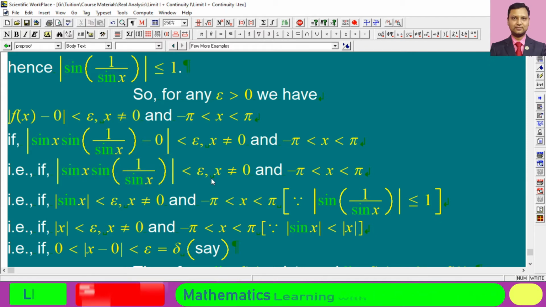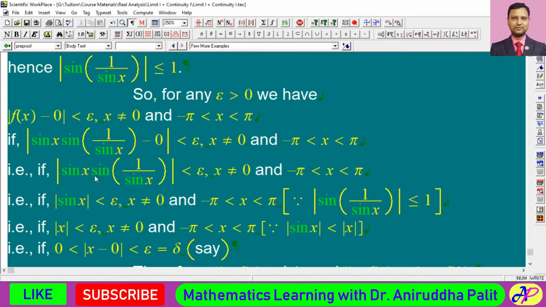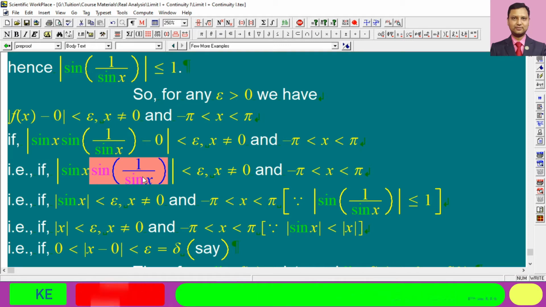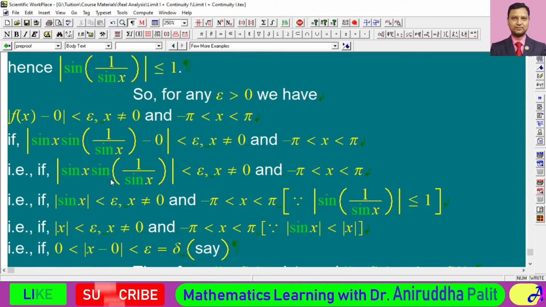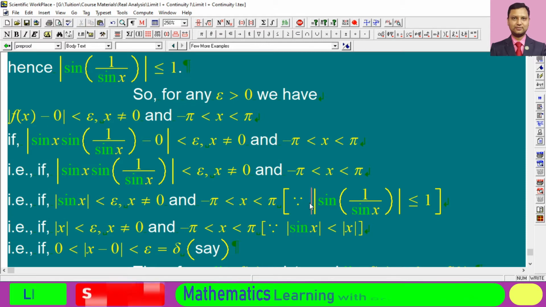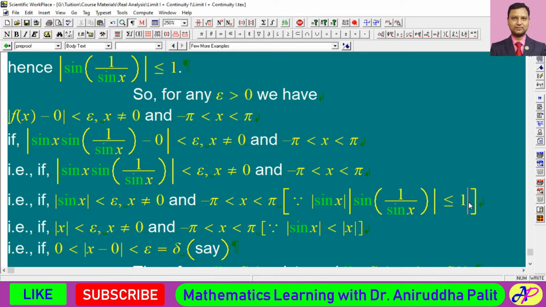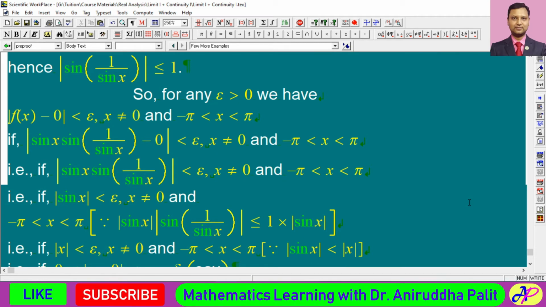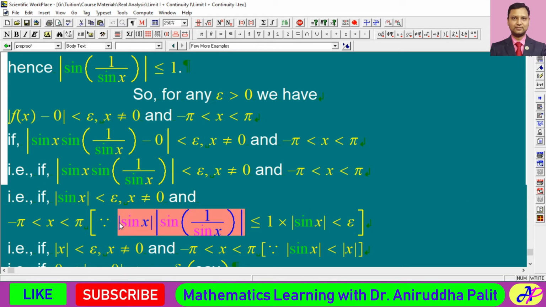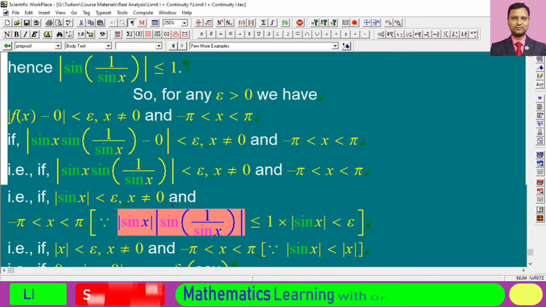Now the main part. We have already proved that sine of 1 by sin x is less than or equal to 1. Therefore if we multiply this inequality by the modulus of sin x, we can multiply on both sides by the modulus of sin x. So if this larger quantity becomes less than epsilon, then of course this smaller quantity would be less than epsilon.